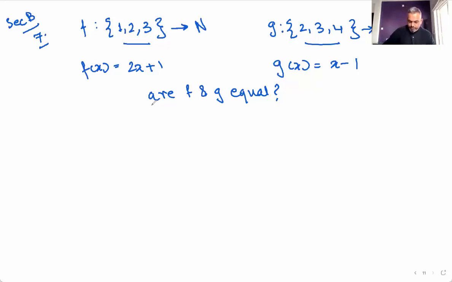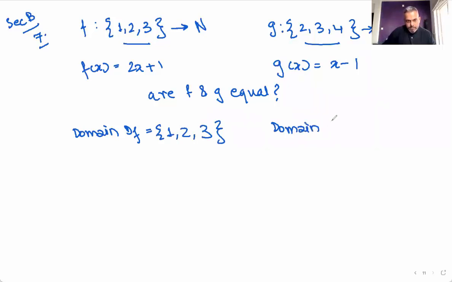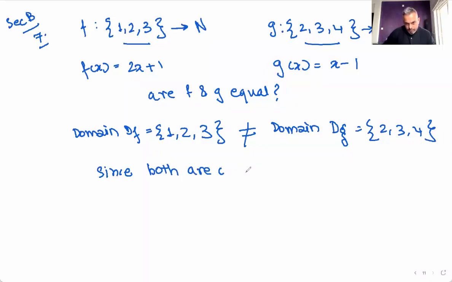So let's write domain d of f is equal to 1, 2, 3 and domain d of g is equal to 2, 3, 4, which are not equal since both are on different domains.